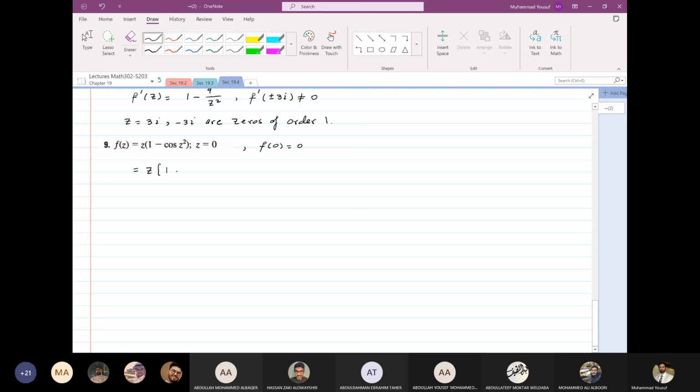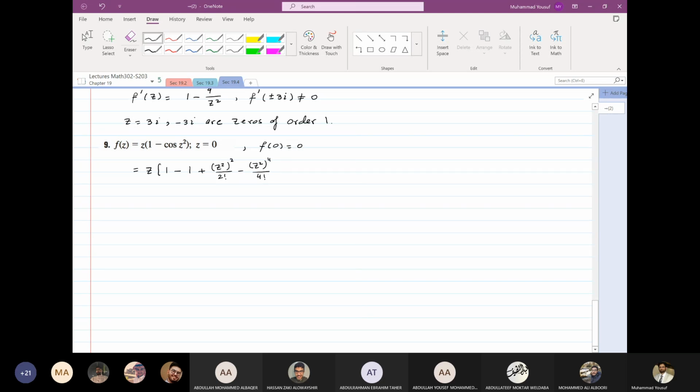1 minus cosine of z square. The series for cosine is 1 minus z power 2 over 2 factorial, that is z square power 2 over 2 factorial, minus z square power 4 over 4 factorial.